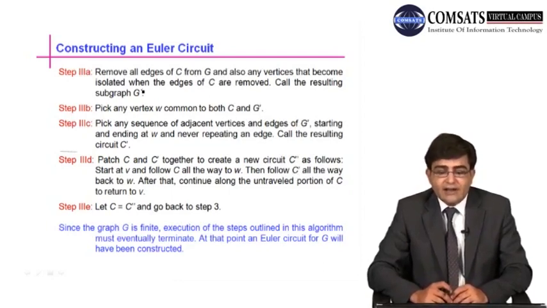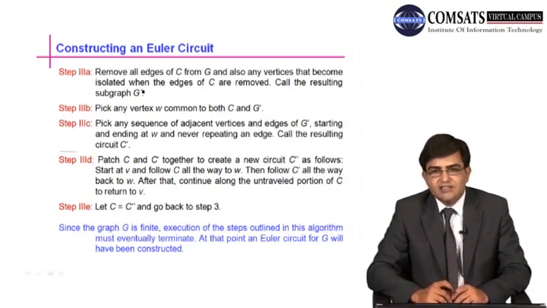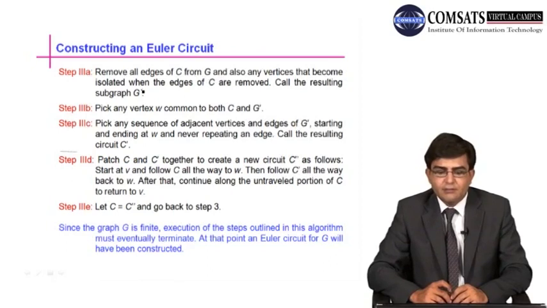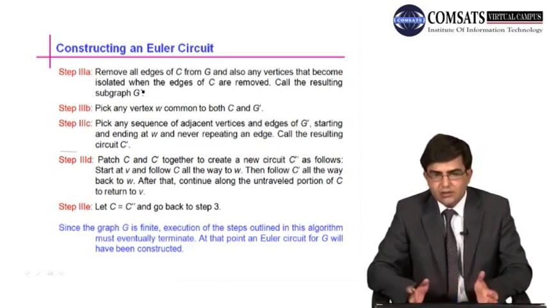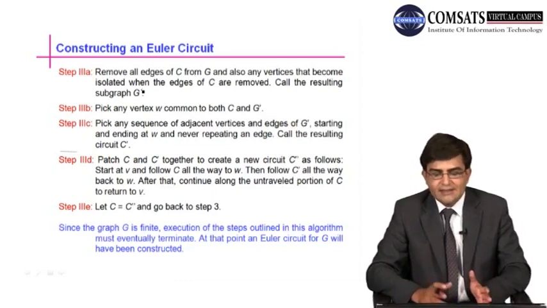As follows: start at V and follow C all the way to W, then follow C dash all the way back to W. After that, continue along the untraveled portion of C to return to V. In step 3E we set C equal to C double dash, the new whole circuit which contains C and C dash.